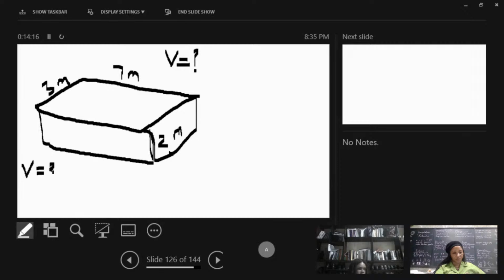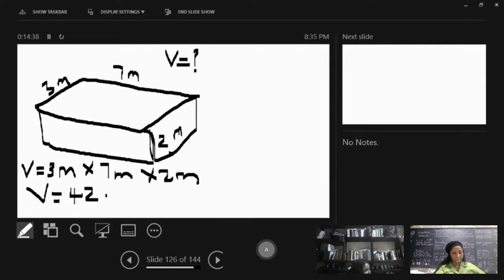So the width times the length times the height. And that gives 42 meters cubed. All right, so that's the volume.